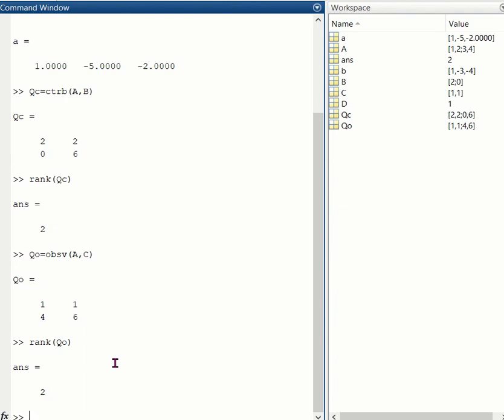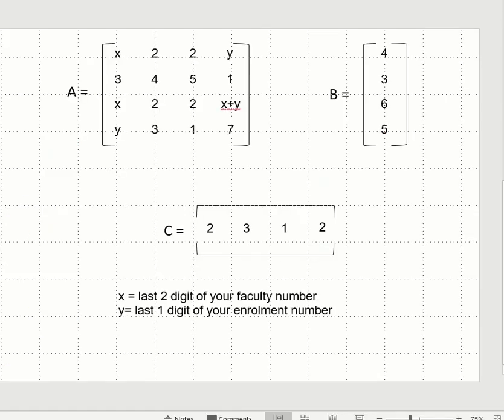So you will all be given a report to submit. I will give you a question that you will submit in the form of a report. The question comprises the matrices A, B, C, and if you look into the matrices, there are variables x and y, where you will have to assume x as the last two digits of your faculty number and y as the last digit of your enrollment number.